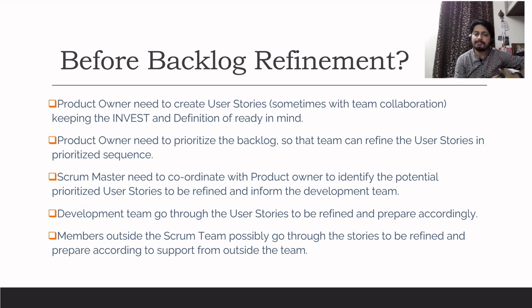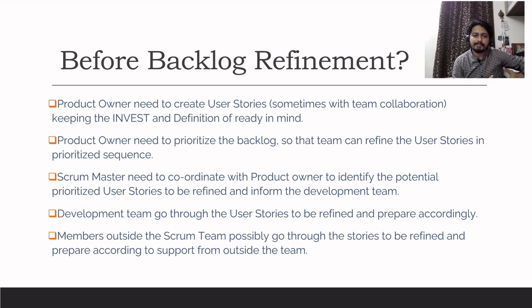Now, what should the development team do before refinement? Ideally, once the product owner and the Scrum Master have collaborated and identified, okay, these are the five or six user stories that we are planning to discuss in our next refinement, the Scrum Master can send out a note to the whole team.